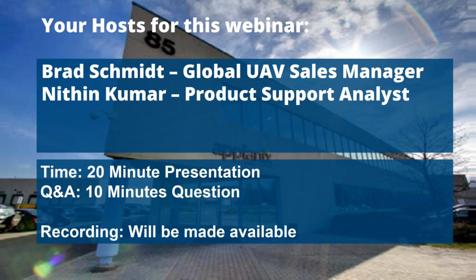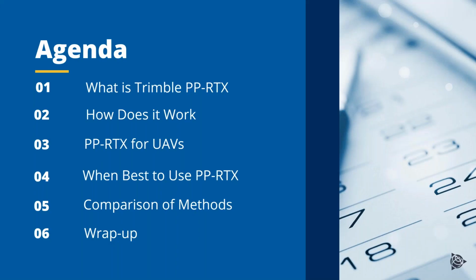So if I could have the next slide, please. Our agenda today: we'll be taking a look at what Trimble PP-RTX is, and define that for you. We'll look at how it works. We'll look at PP-RTX used for UAVs and how we use PP-RTX to perform our direct georeferencing. We're also going to look at the best use of PP-RTX.